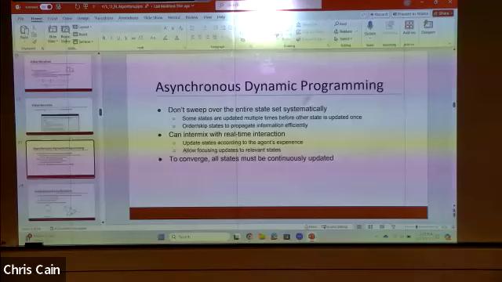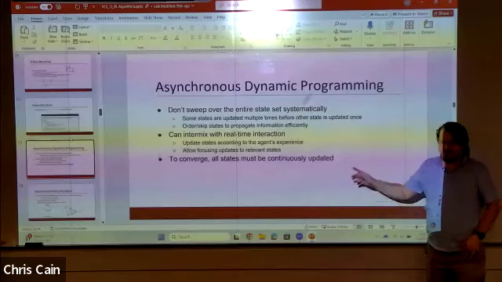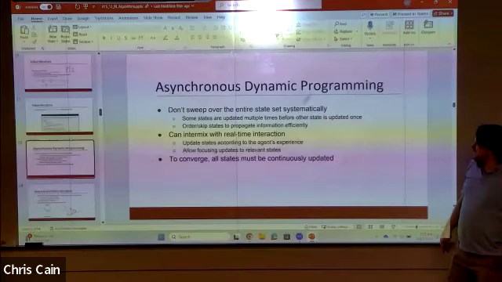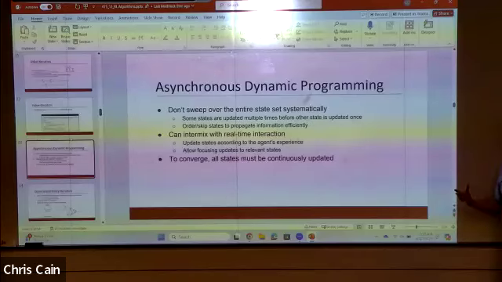So asynchronous dynamic programming is the algorithm where, instead of sweeping over the entire state space like we did in the grid world where we looked at every single state, we're just going to say we can update some states multiple times before we update other states. And that allows us to prioritize the updates of some states. Like for instance, if we wanted to come up with an estimate of the value of, go back to tic-tac-toe because we love it so much, starting the game of tic-tac-toe, we're not going to get very much information on that until we have knowledge of everything else.